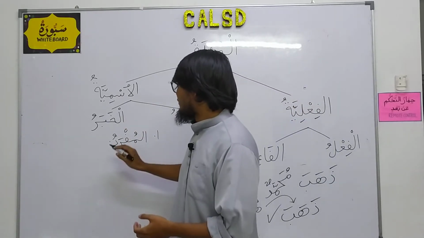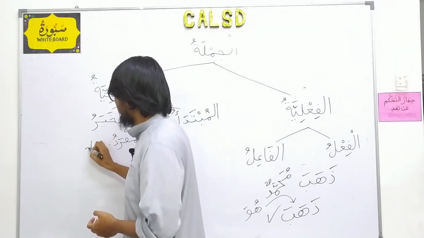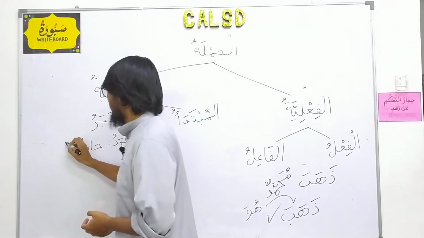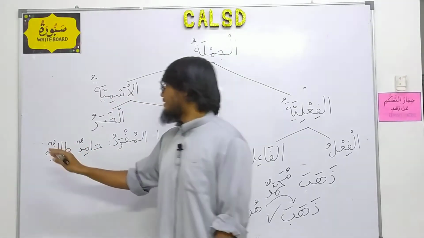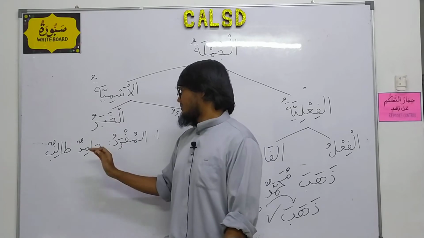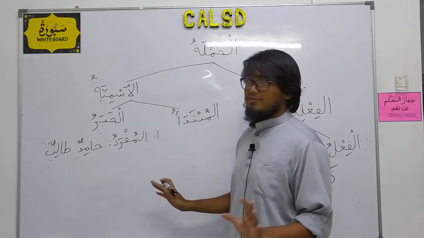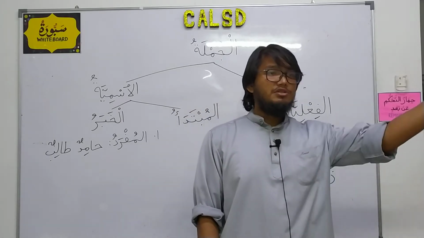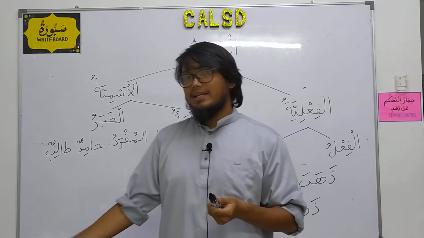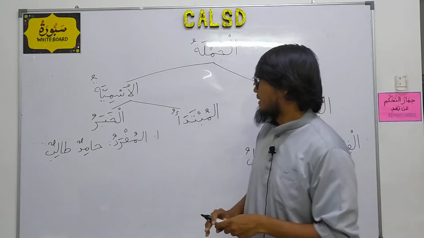So al-mufradu, a sentence would be something like this: Hamidun talibun. Hamid is a student. Al-mufradu, Hamidun talibun. Simple stuff. You can have hadha kitabun, al-mudarrisu maridun, hadha kitabu Muhammadin. That as well, the khabar is mufrad.